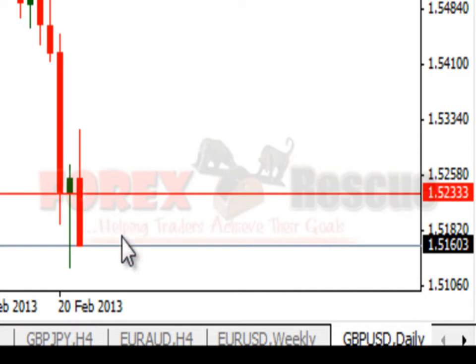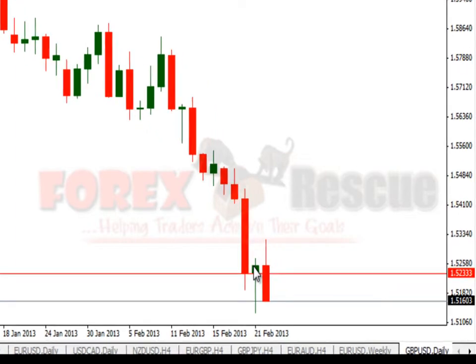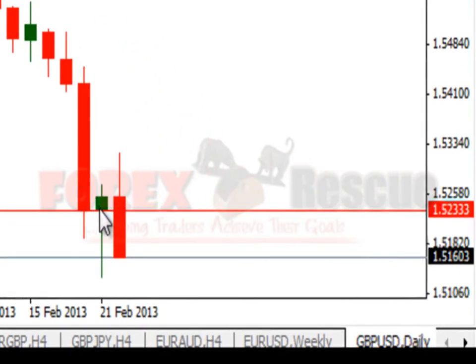So therefore, how will I take this trade now? Let me enlarge it so that I will explain better. How will I take this trade? The best way to take this trade is to wait for the market to penetrate this bullish candlestick pattern, this bullish pin bar.